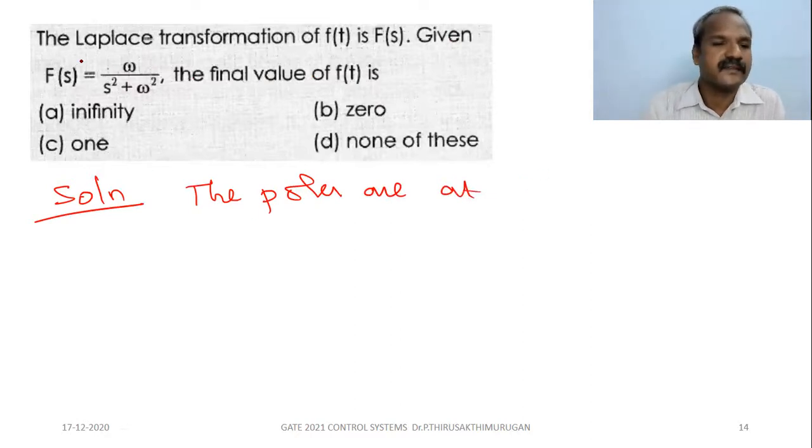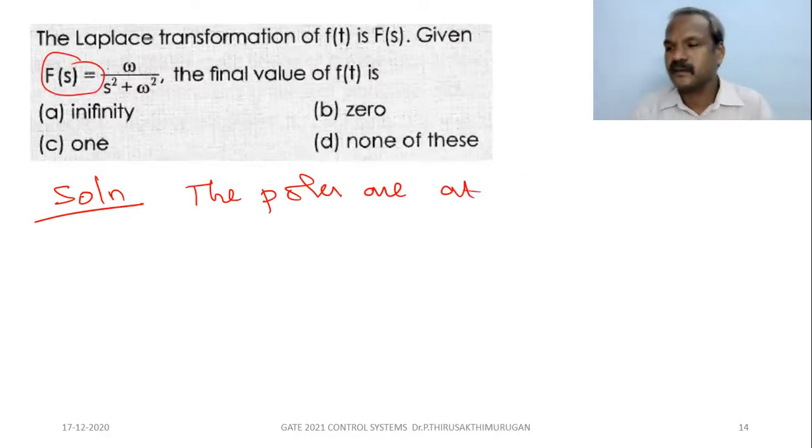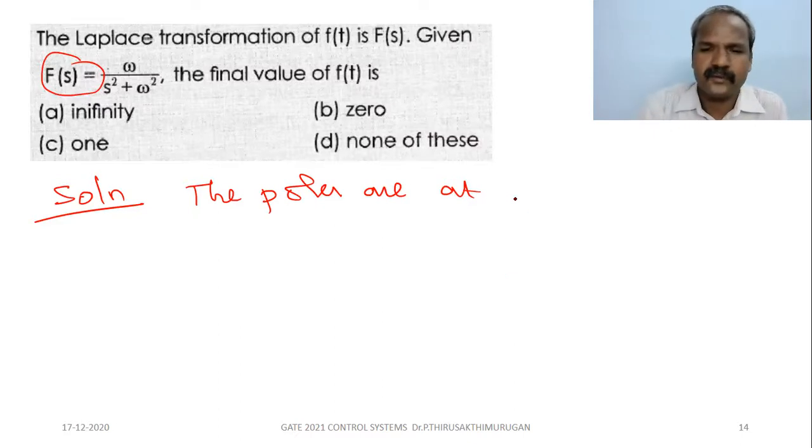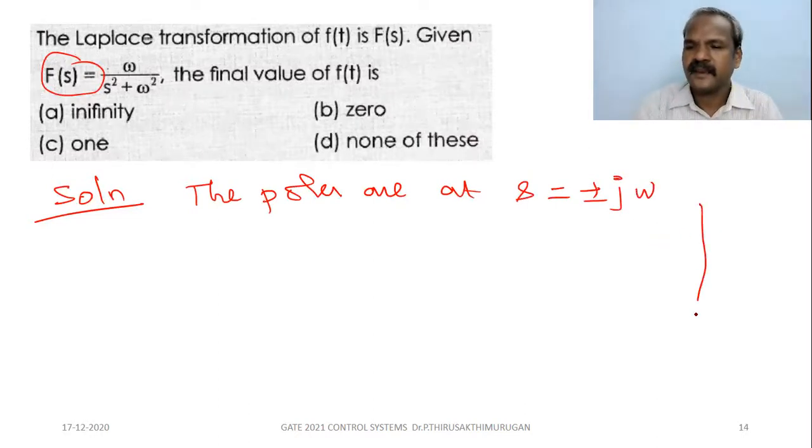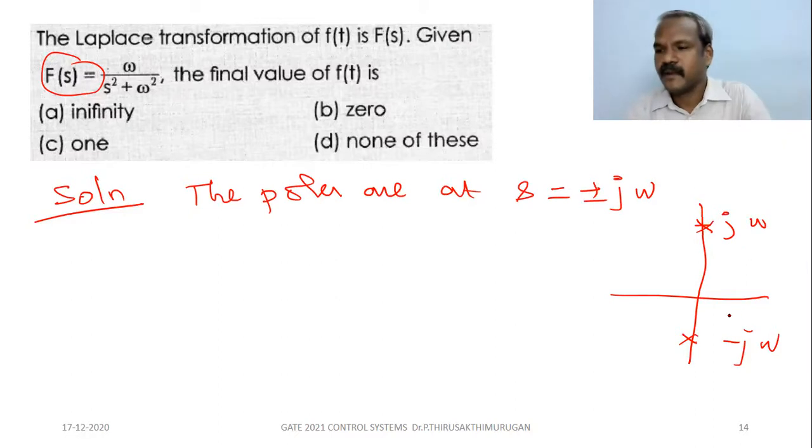This system has poles at s equal to plus or minus j omega, lying on the imaginary axis. One pole is plus j omega, another pole is minus j omega.